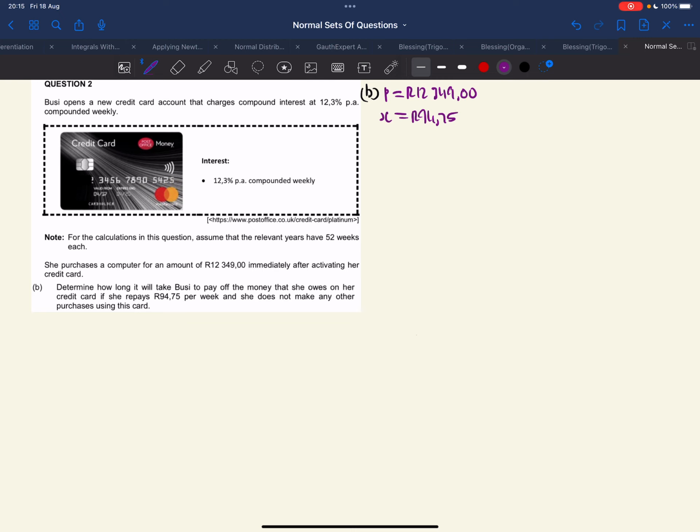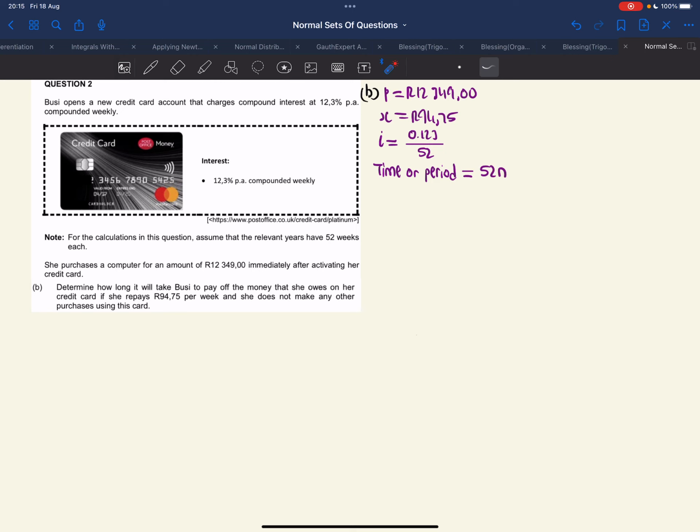94.75 rand. And remember, our interest is compounded weekly, so our interest is 0.123 over 52. We are trying to find the time, or period, so we have 52 times n, and we're basically looking for n.